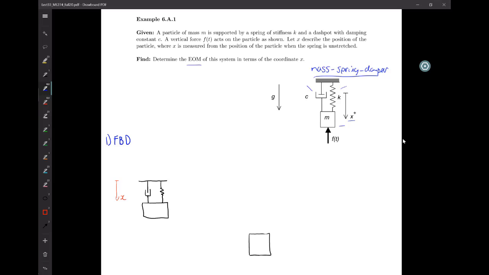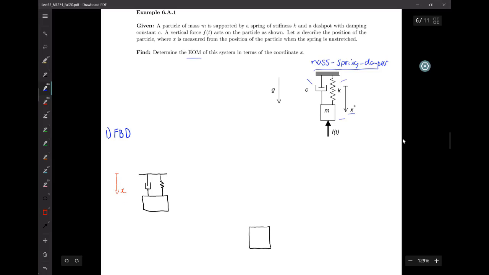Springs are not a rigid body or a particle, and dashpots are not rigid bodies or particles. They provide forces, but they don't have mass. And we know that motion is dictated by what happens with a mass. Forces equal mass times acceleration. So we have only one body, so we look at the forces on this body.